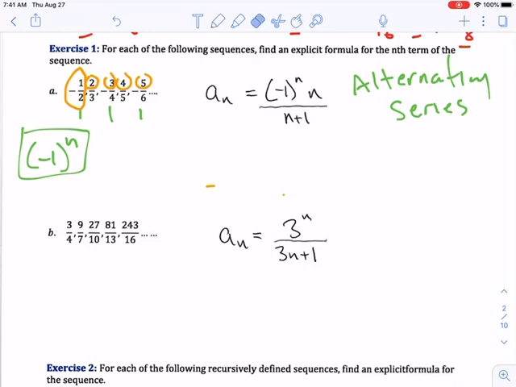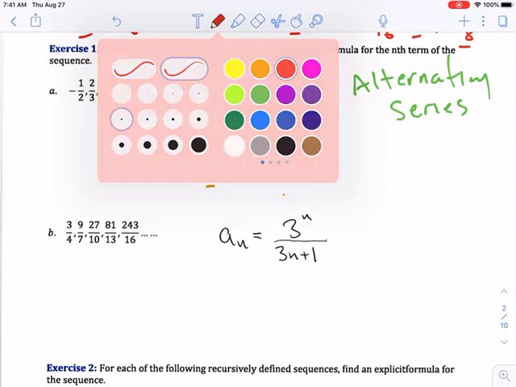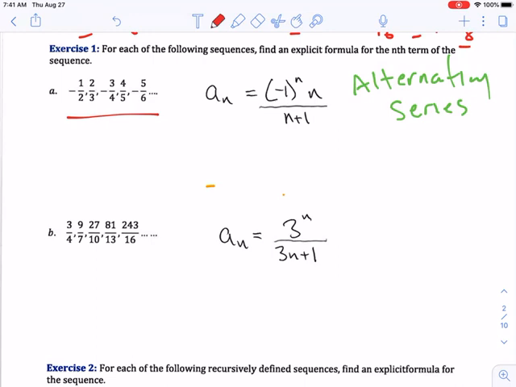So there's two ways to write a series, right? You can write out all of the terms of the series, which is what we did here, or some of the terms, usually the first 3 or 4 terms, and you can write the sequence as a formula.